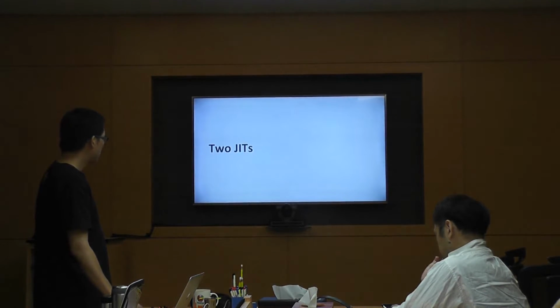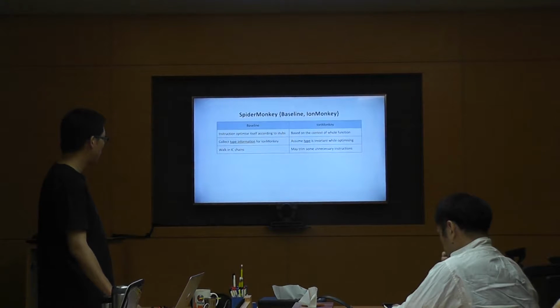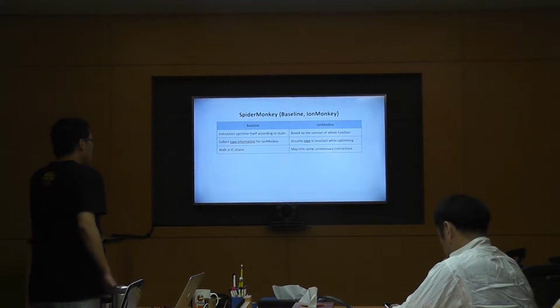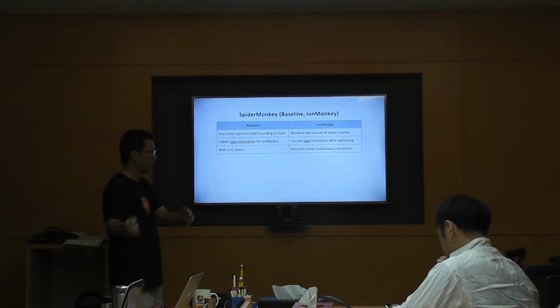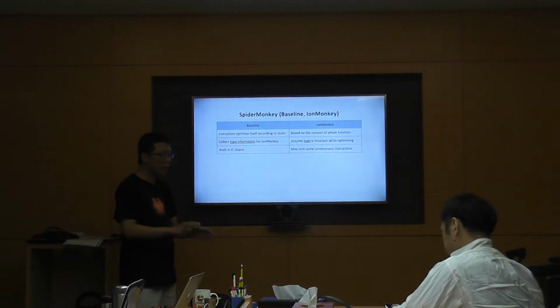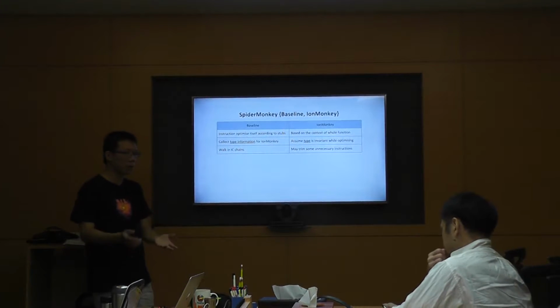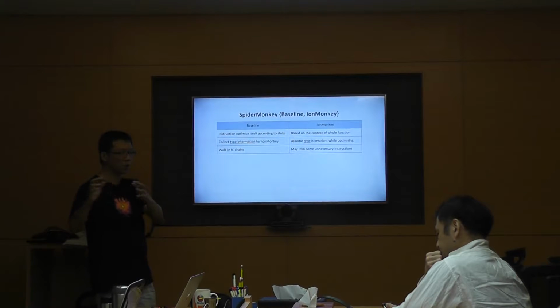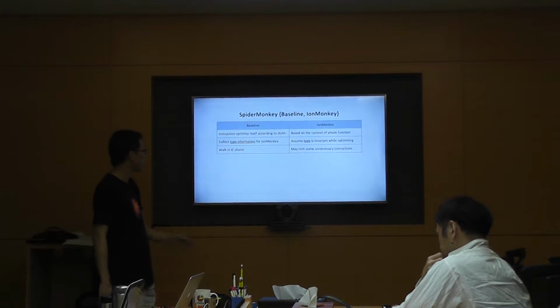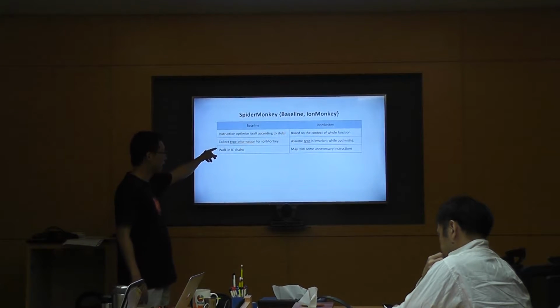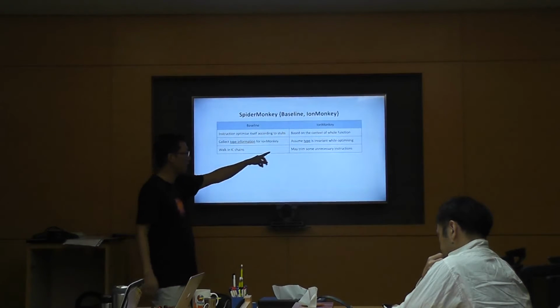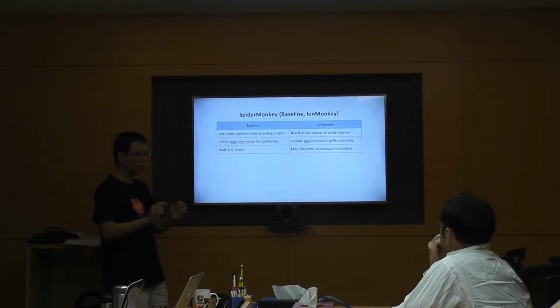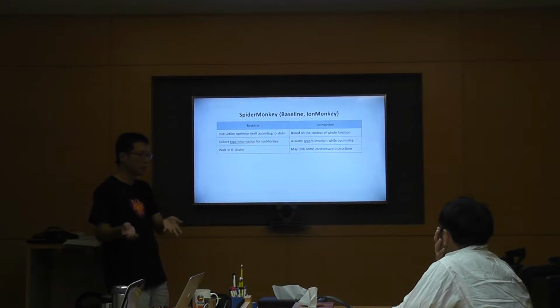Okay, so let's take a look at how baseline and IonMonkey work. Basically, baseline only optimizes the instructions or expressions one by one, and IonMonkey will try to optimize the whole function or the whole control flow unit, like the loop or the branch. Baseline will also collect type information for IonMonkey, because IonMonkey assumes the types are correct when doing the optimization.